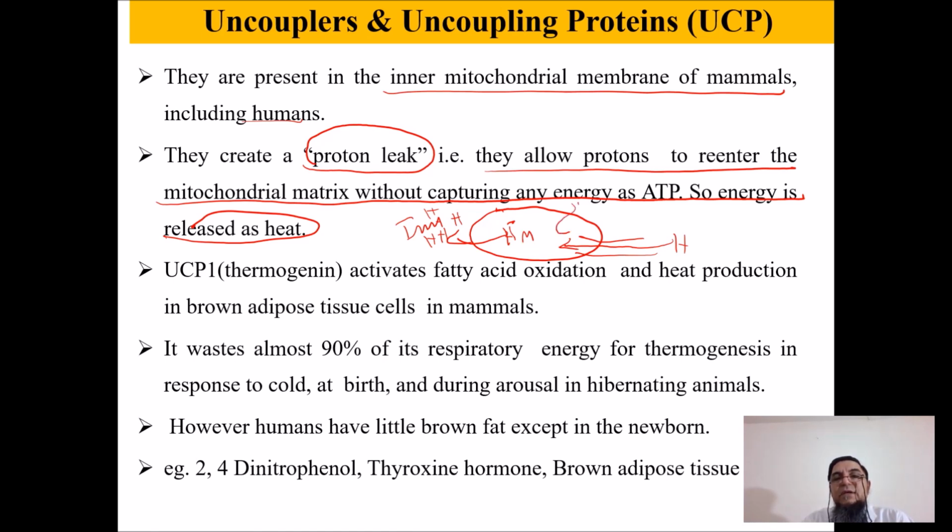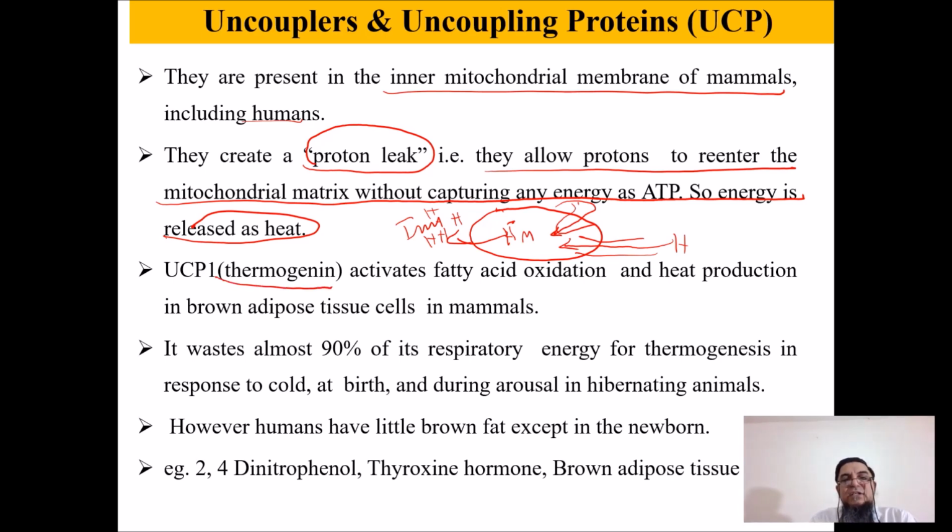So when the electrochemical gradient is not maintained, the hydrogen will not fall back through ATP synthase, ATP will not attach with the inorganic phosphate, and there will be no formation of ATP. This mechanism is called the uncoupling mechanism, and it is done by the uncouplers.